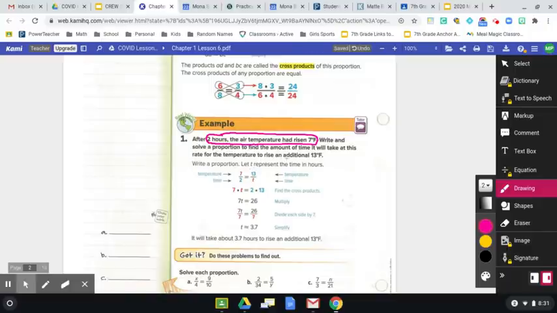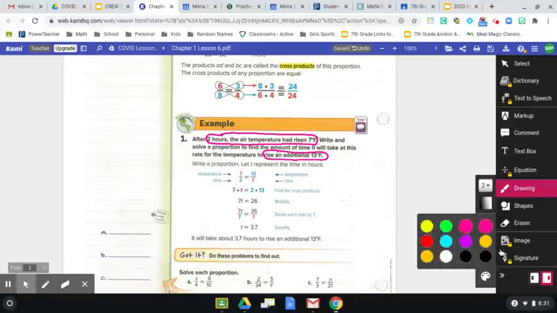Also, if I go to the very end here, it says the amount of time it will take at this rate for the temperature to rise an additional 13 degrees Fahrenheit right here. So I need this. Well, what am I solving for? Write and solve a proportion to find the amount of time. The amount of time it will take.